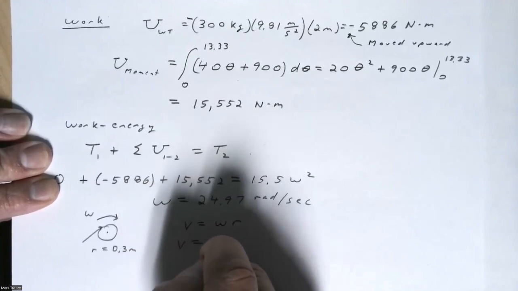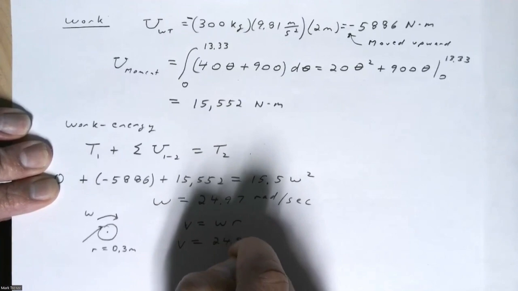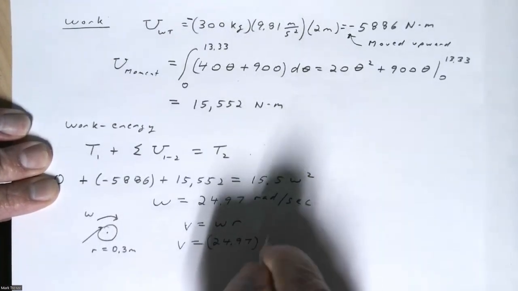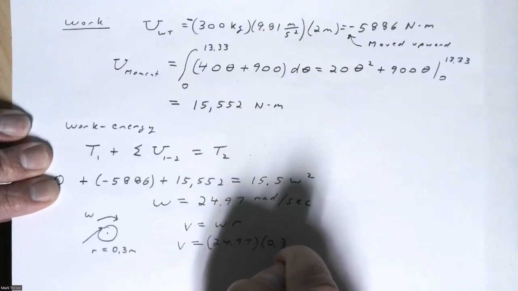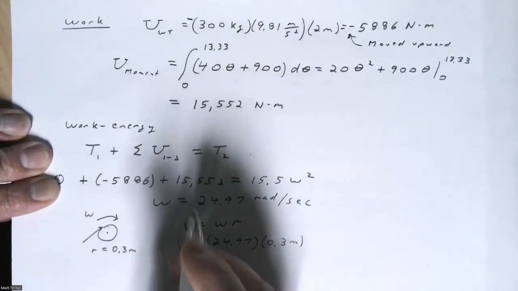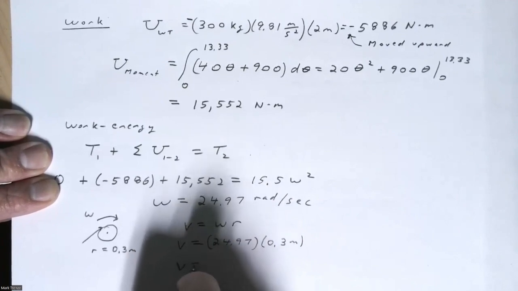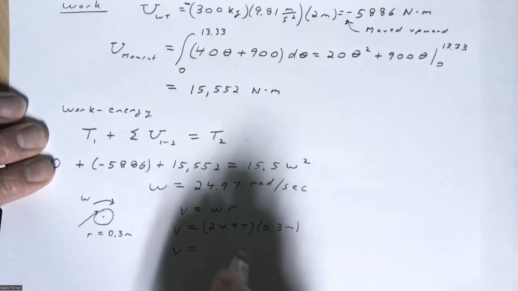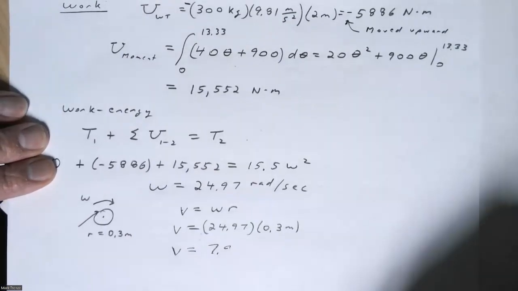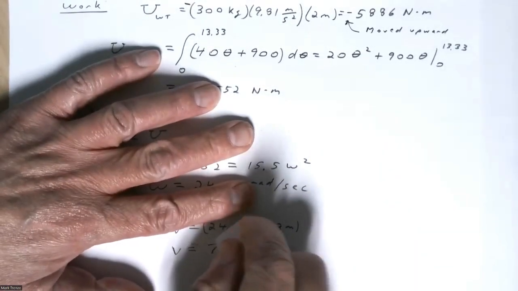So the velocity of the wheel is going to be 24.97 radians per second times 0.3 meters. And so the velocity of the outer rim of the wheel will be 7.49 meters per second.